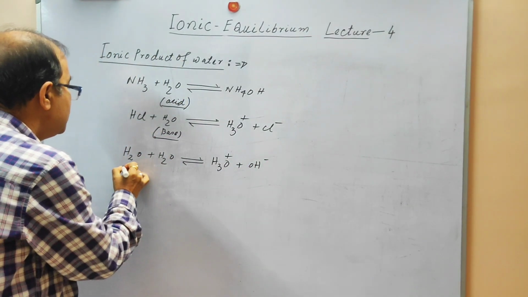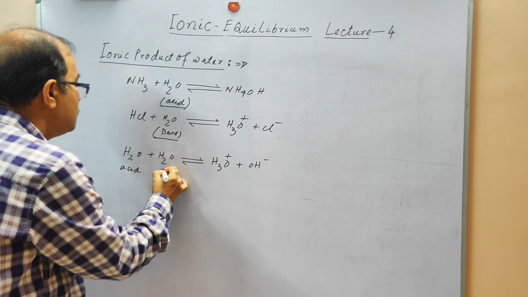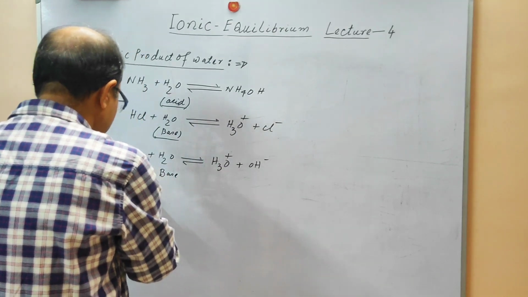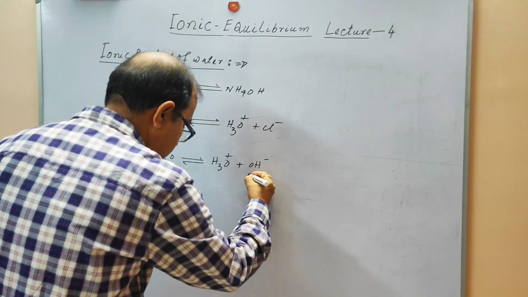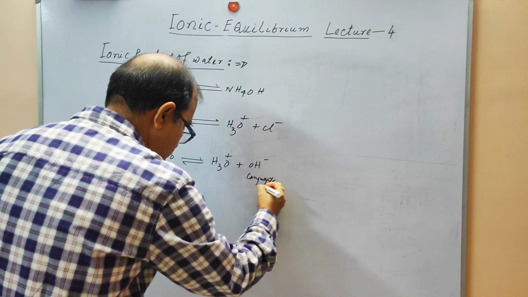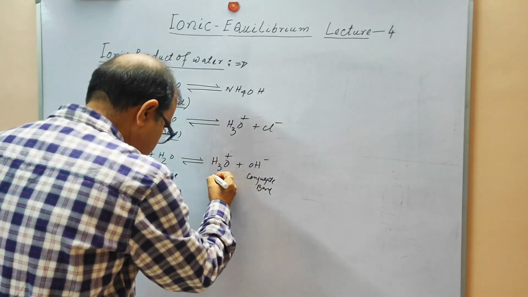So you can see one molecule acts as an acid, the other molecule acts as a base, and this acid has its conjugate base, and this base has its conjugate acid.